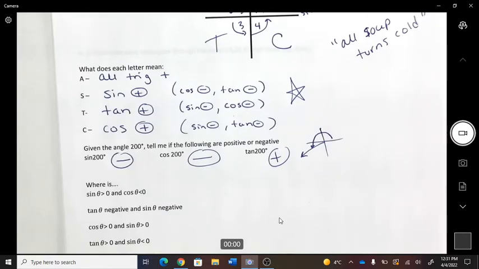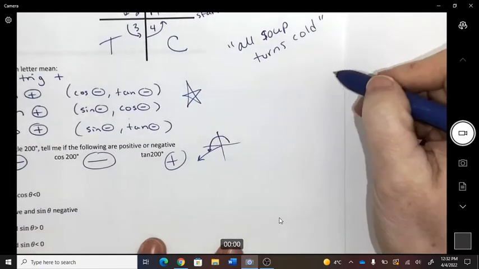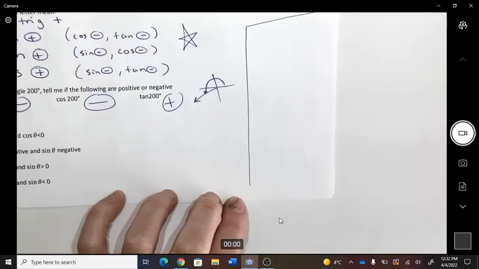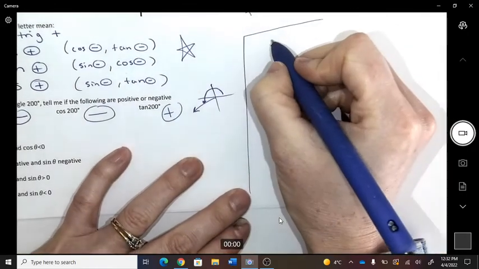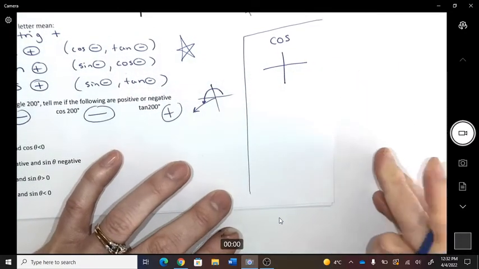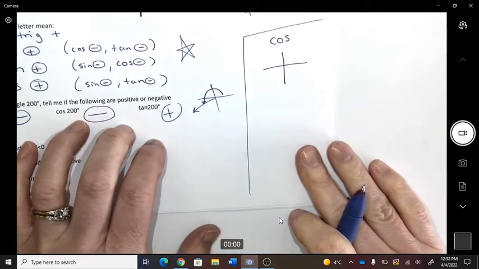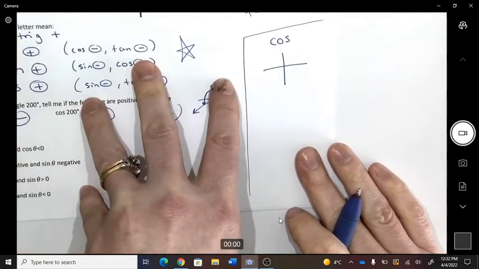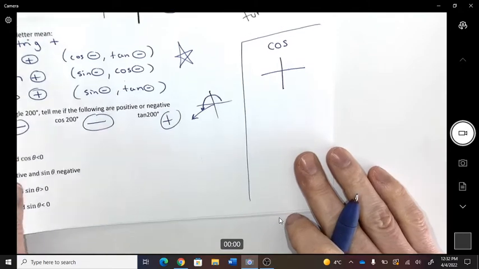I'm going to get you to do a little cheat sheet thing on the side here. Let's talk about cos. There's always going to be two quadrants where it's positive and two where it's negative.